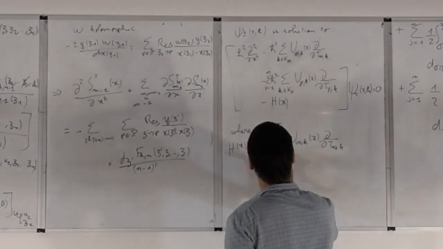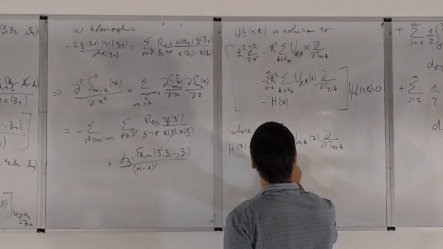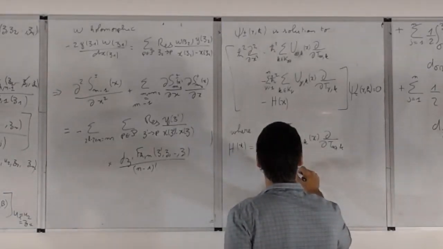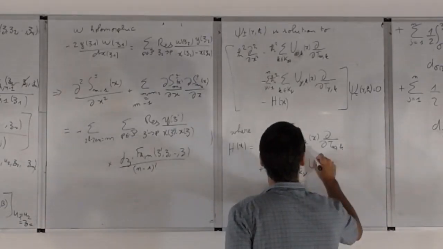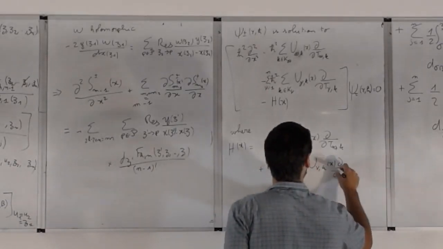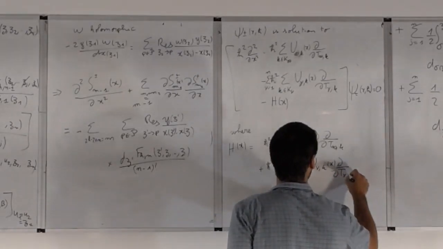Plus h bar square, sum over nu from 1 to n, sum over k in k nu, u nu k of x, d over dt nu k.